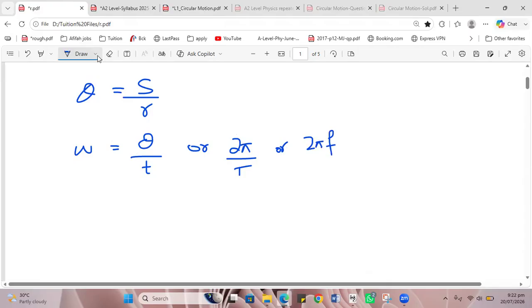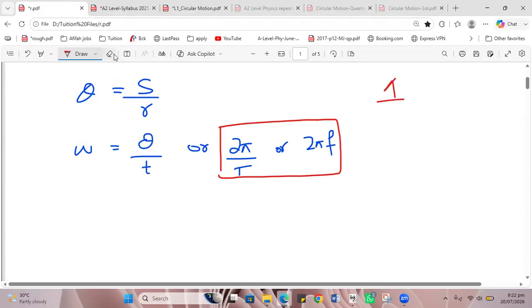But, hold on. These two formulas only apply if it's one complete cycle. But it's not exactly necessary to be one complete cycle, because maybe the question might give you the number of cycles.